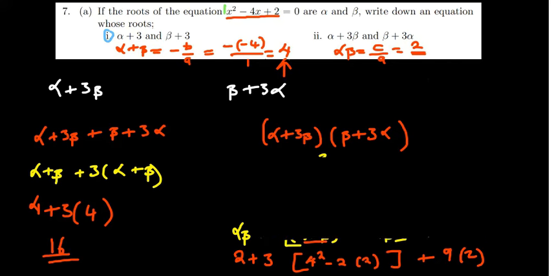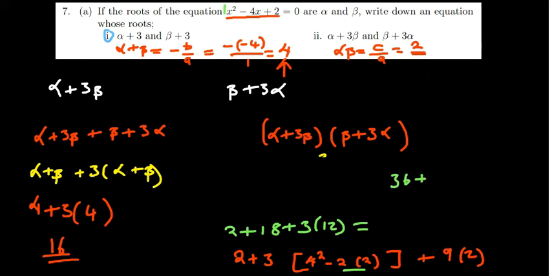So we need to simplify that, starting with what's in brackets. 9 times 2 is 18. 4 squared is 16, 16 minus 4 is 12, times 3 is 36. So 36 plus 18 plus 2 is 56.